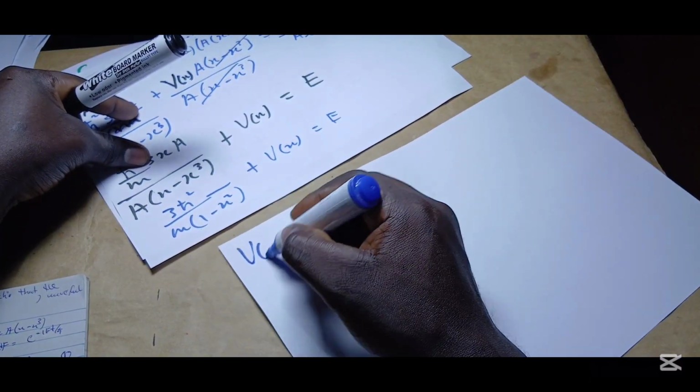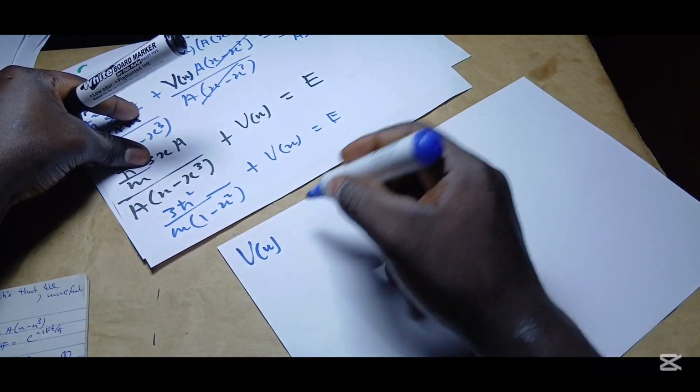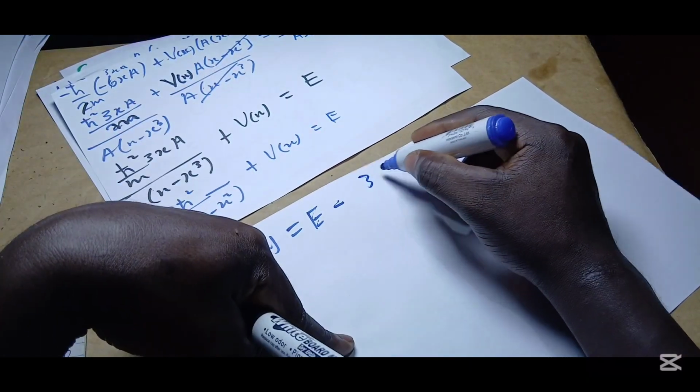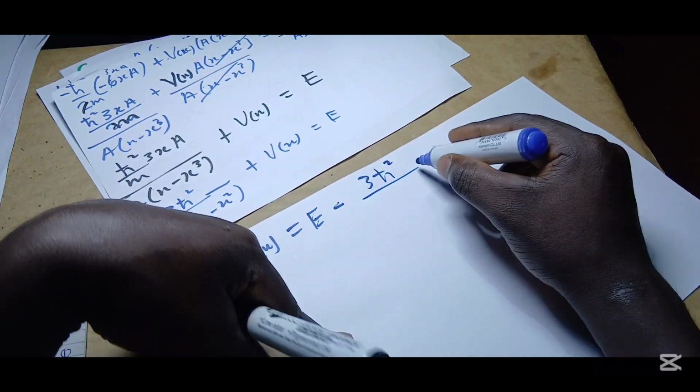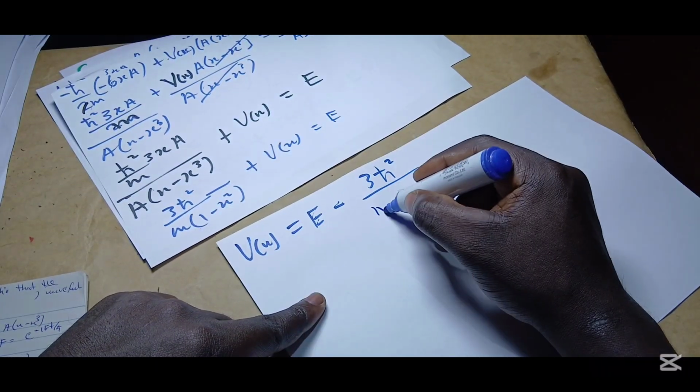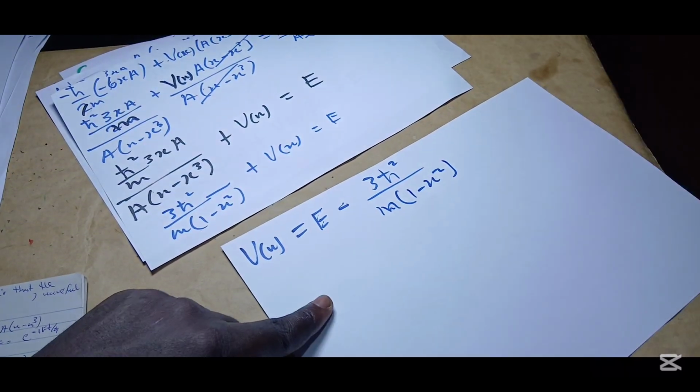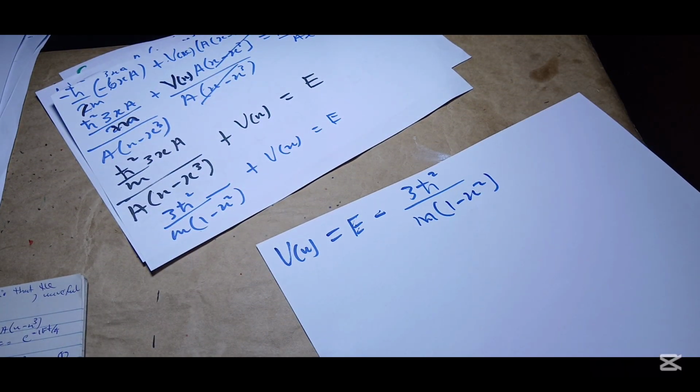So we are going to get v of x equal E, we already have E there, minus 3h cross squared all over m into bracket 1 minus x squared. So that is it for our potential energy.